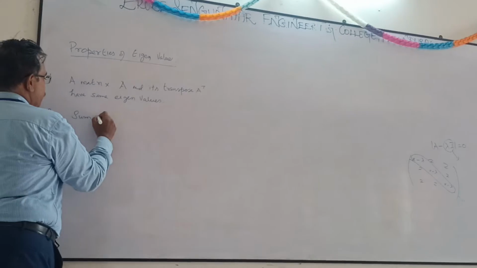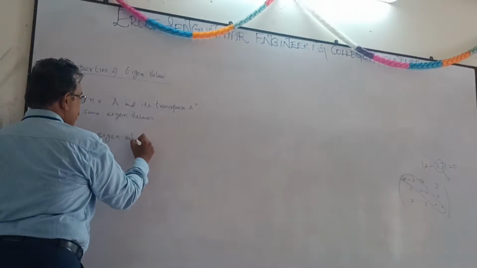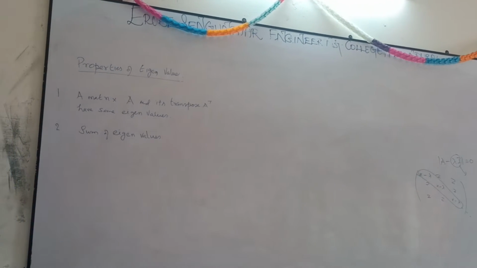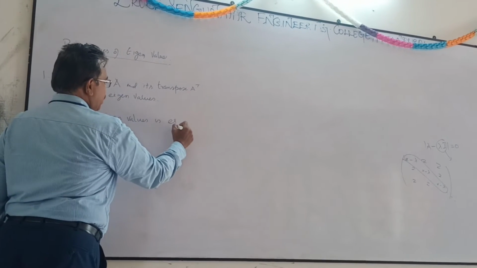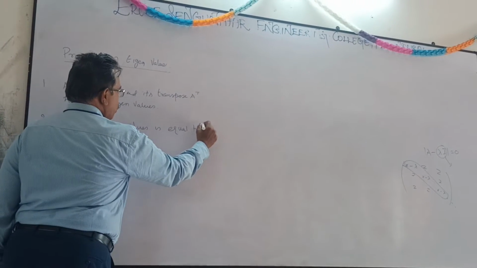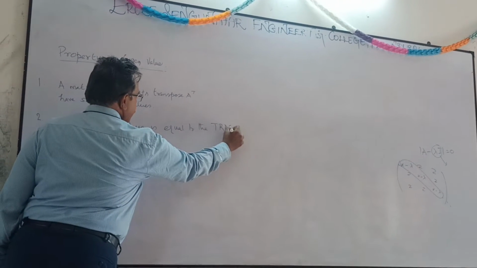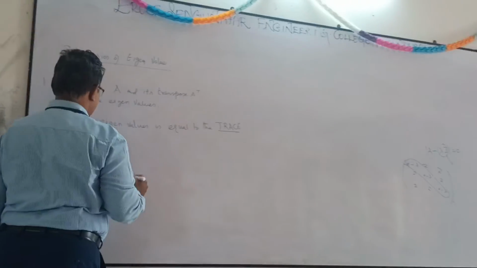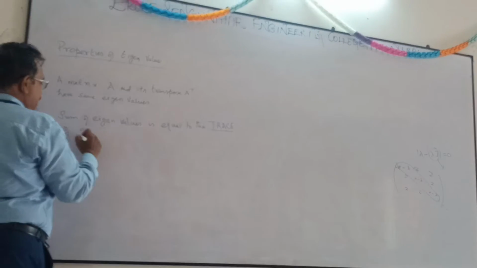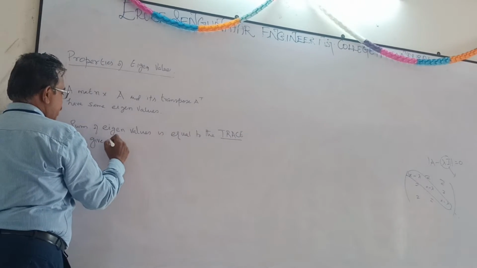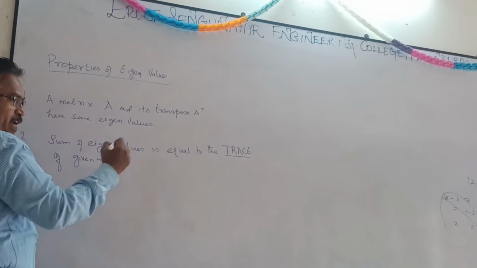The sum of eigenvalues is equal to the trace of the given matrix. What is trace?